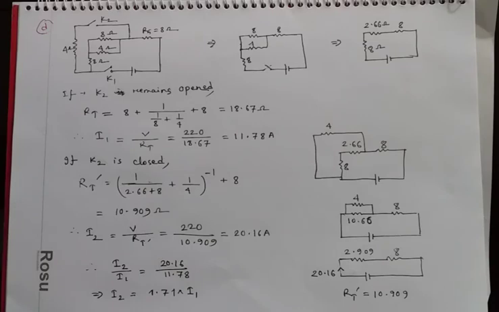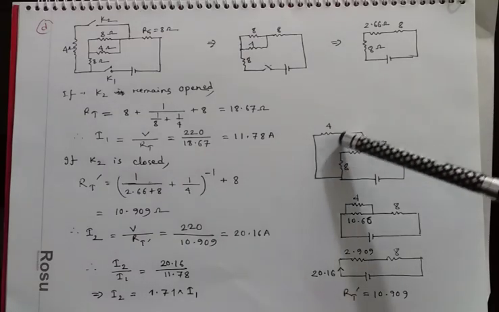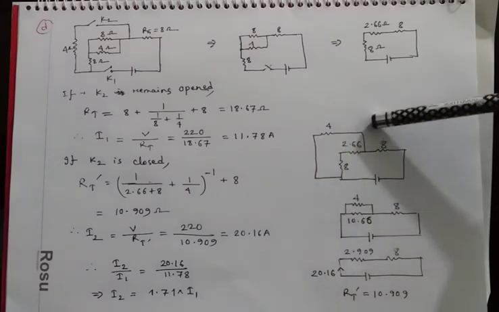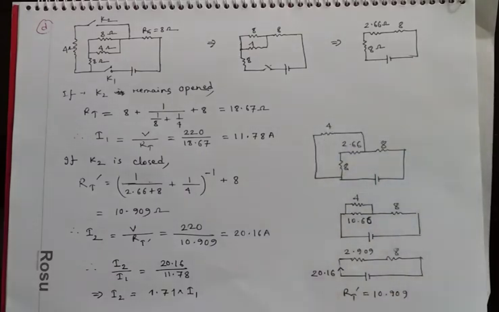Now we will see what changes when K2 is closed. If K2 is closed, in that case, this portion will be active also. That means this portion of the circuit will act now, and we have to consider it. So if we simplify the circuit, what is the difference from the previous circuit?